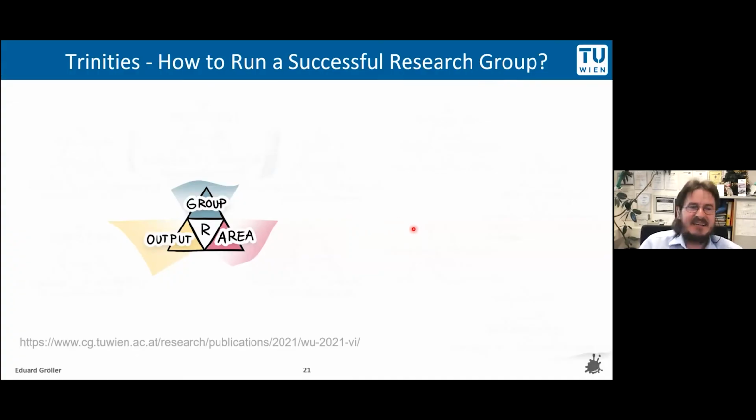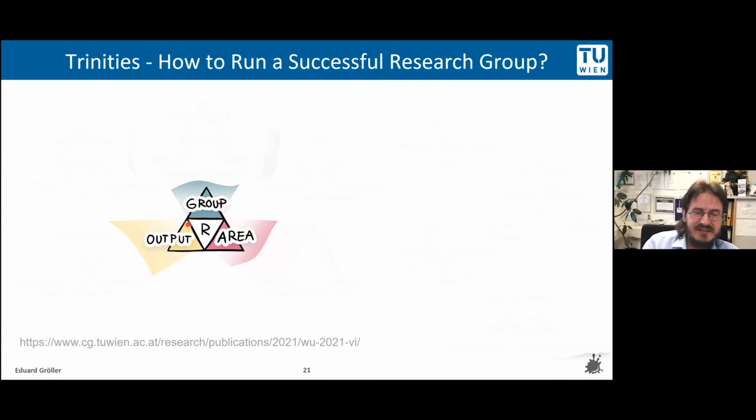At the end, I want to come to certain trinities that describe how to run a successful research group. And this is sort of a visual aggregation of what I have experienced in the last 10, 20 years.